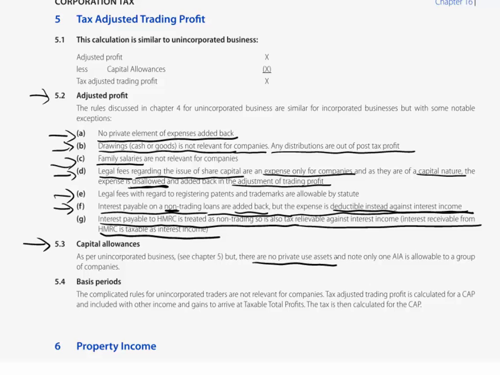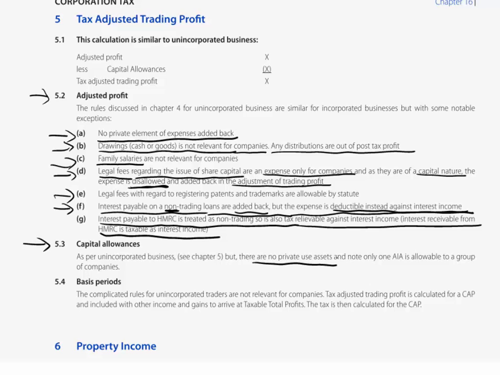Again, please don't be tempted by the examiner where they tell you about a company car used by the managing director and it has private use of X%. Irrelevant. The managing director, like everybody else employed within the company, is an employee. We do not make adjustments for private use by employees, only by proprietors, only when dealing with income tax, only for the unincorporated trade. Do not make that mistake.